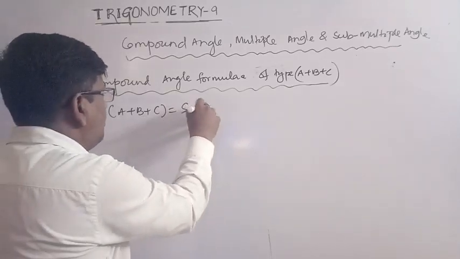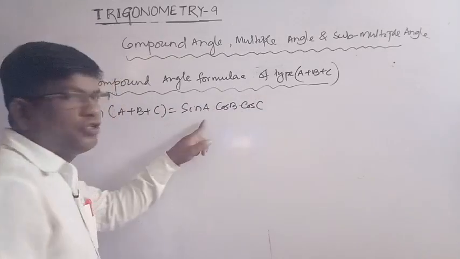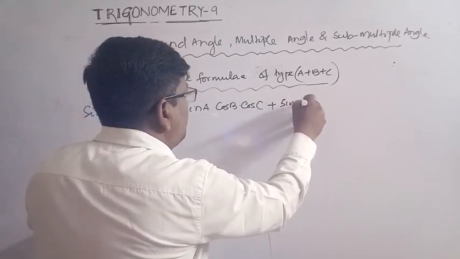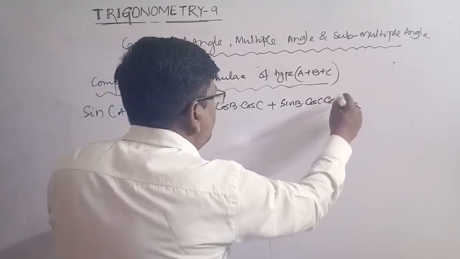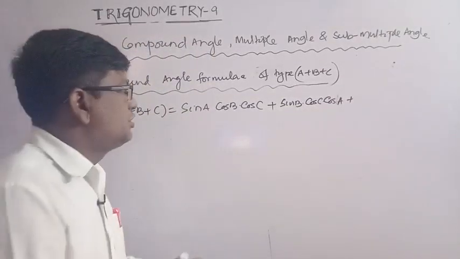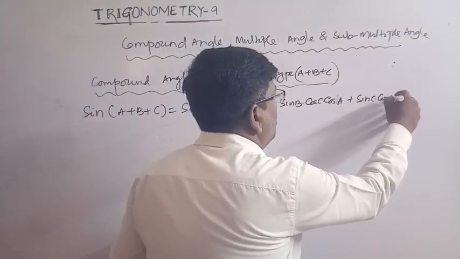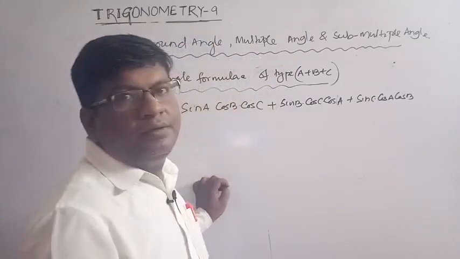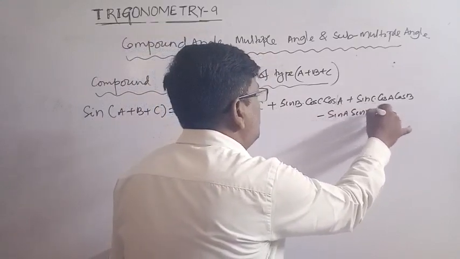Sin a into cos b into cos c, one sin and two cos, plus sin b into cos c into cos a, plus sin c into cos a into cos b, minus sin a into sin b into sin c.